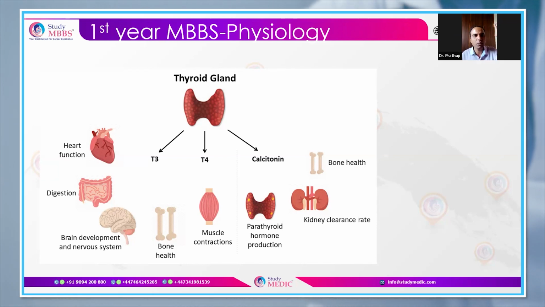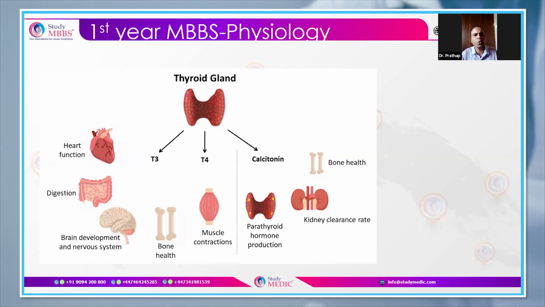This hormone increases the blood calcium level, whereas calcitonin decreases the blood calcium level. So how does the parathyroid hormone increase blood calcium level? By increasing absorption from the gastrointestinal tract, by helping reabsorption from the nephrons of the kidney, and by resorption from the bone. From the bone, it will remove calcium and increase the blood calcium. This is what parathyroid hormone will do.